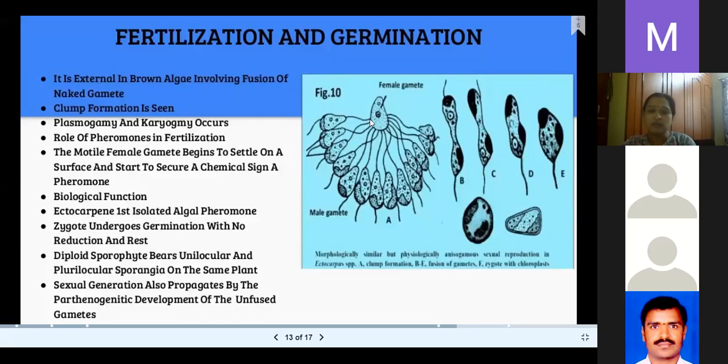In Ectocarpus, the zygote germinates without reduction and without a resting phase. Here the diploid sporophyte bears both unilocular and plurilocular sporangia. The same plant produces both.